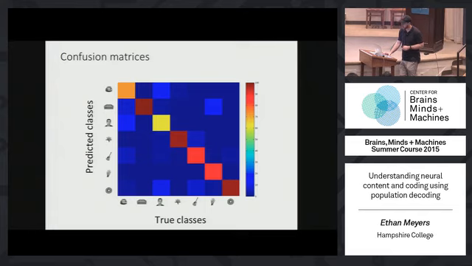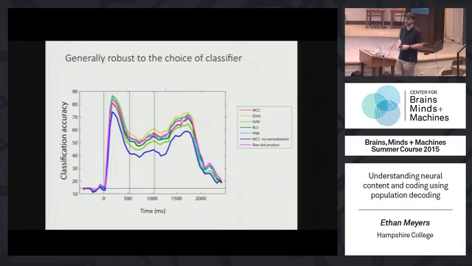Another methods issue is the effect of using different classifiers. If the method is highly dependent on the classifier you use, that's not a good thing, because you're not telling yourself anything about the data, but about the method you used to extract it. But in general, for at least simple decoding questions, it's pretty robust to the choice of classifier.